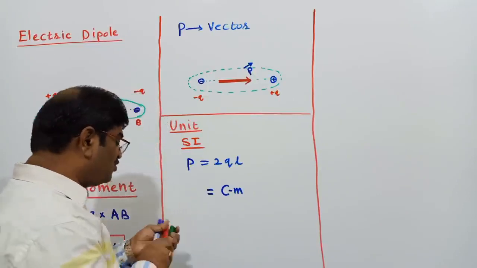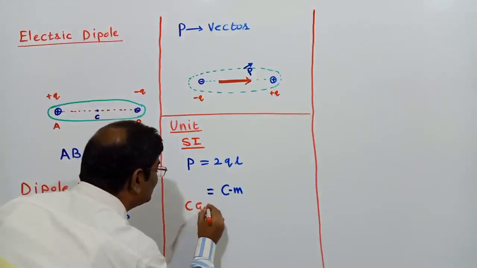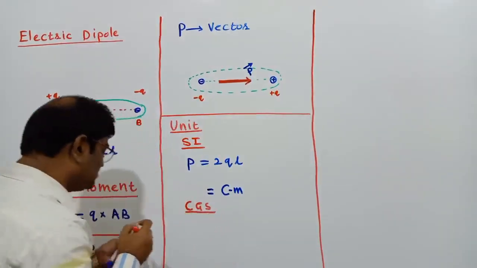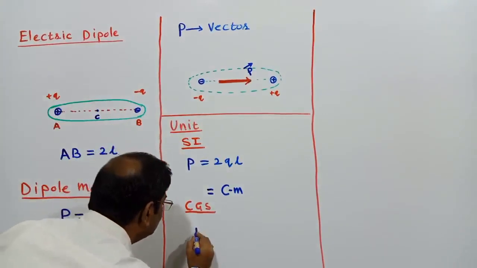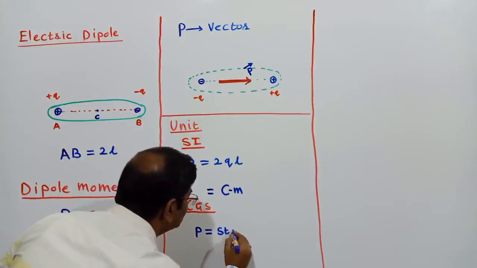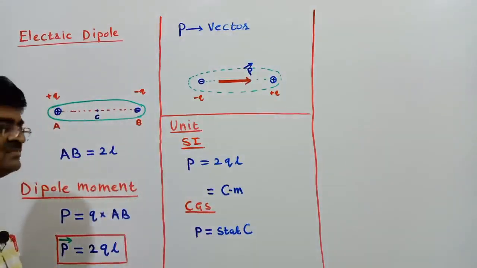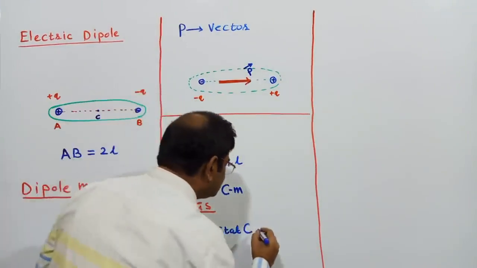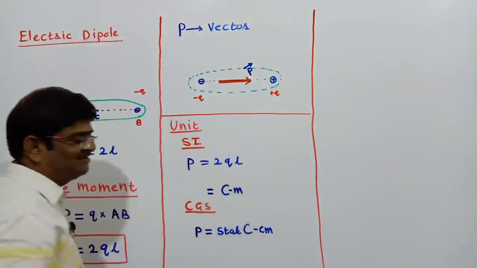I think you quickly might have written it in your notebook about the CGS unit. And what is the CGS unit of the dipole moment? Charge in the CGS system is measured in stat coulomb, and length in the CGS system is measured in centimeter.